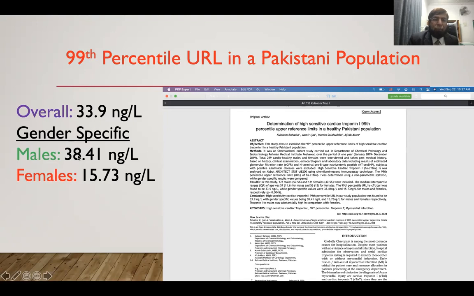Here we want to be more precise, because these are cutoff limits. When reporting patient results, you should not use decimals. In quality control you can use decimals, but for patient reporting it should be a single value. For example, if it is 33.1, you may write 33. If it comes 33.9, you can write 34.